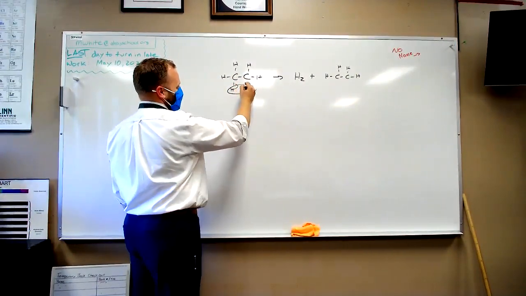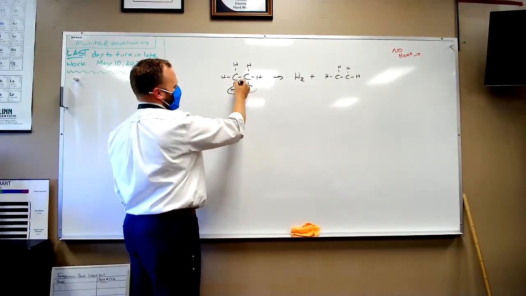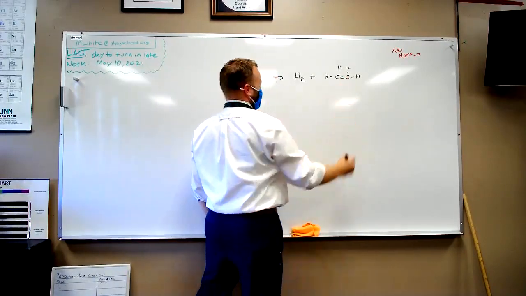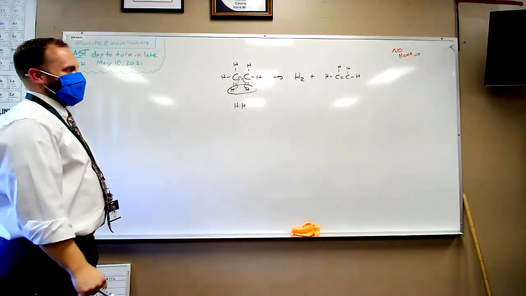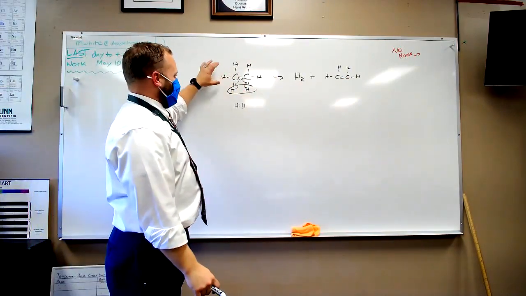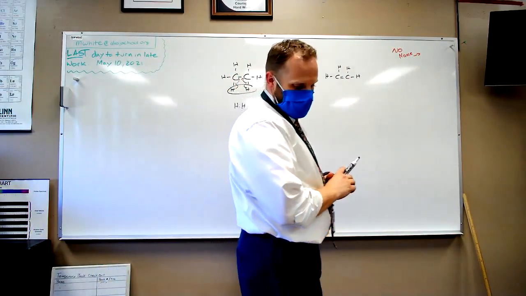One is going to come down into each one of those. These 2 are going to jump up into there to form a double bond. So we lose the hydrogen and we're left with ethene instead of ethane.